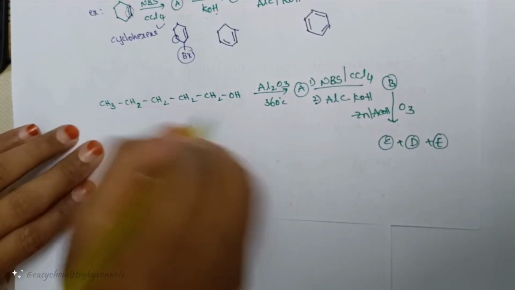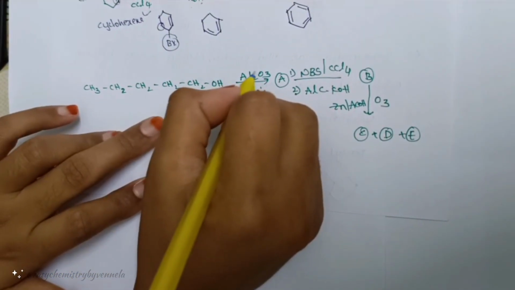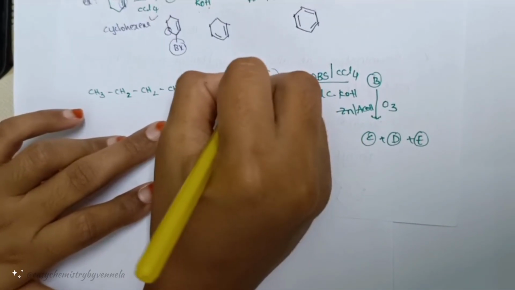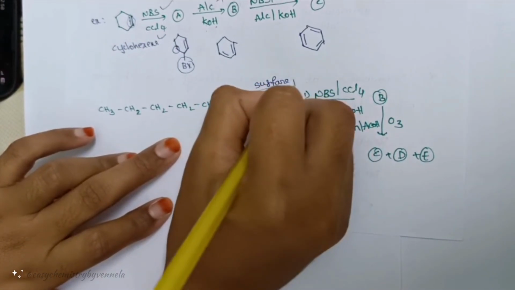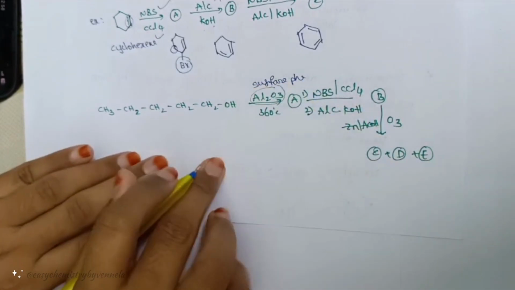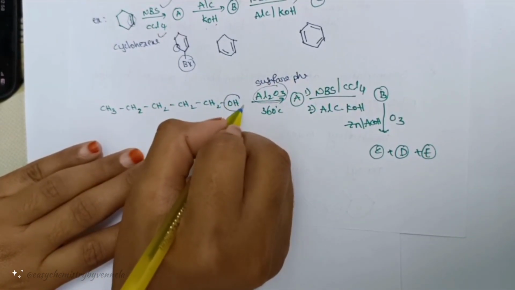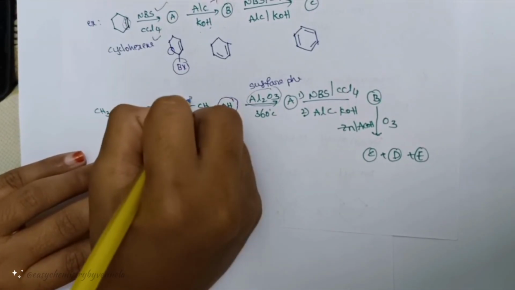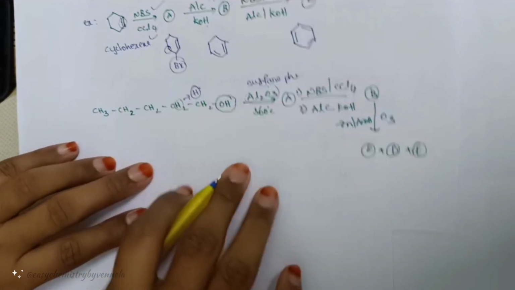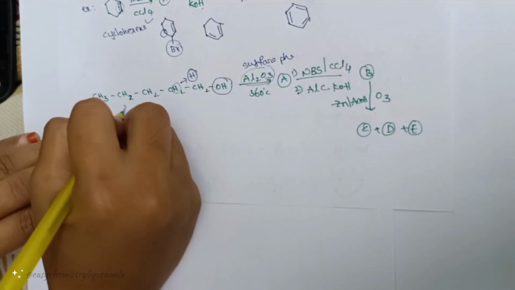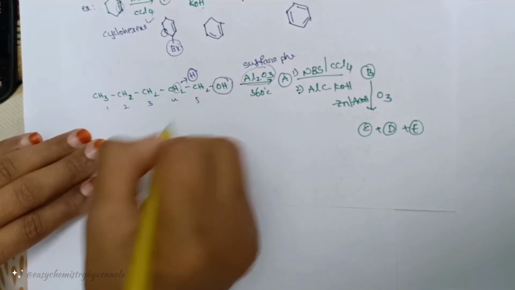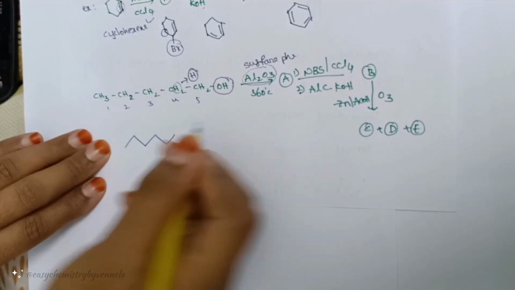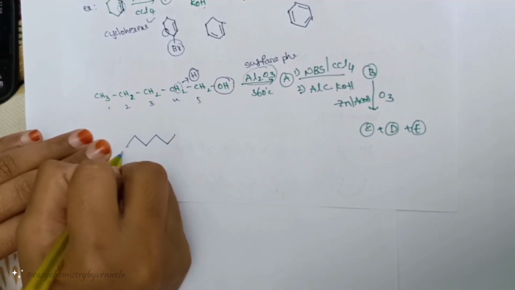Next, this is a dehydration reaction. Al2O3, it is a surface phenomenon. Here removal of hydroxy group and hydrogen. So here how many are there? 1, 2, 3, 4, 5.